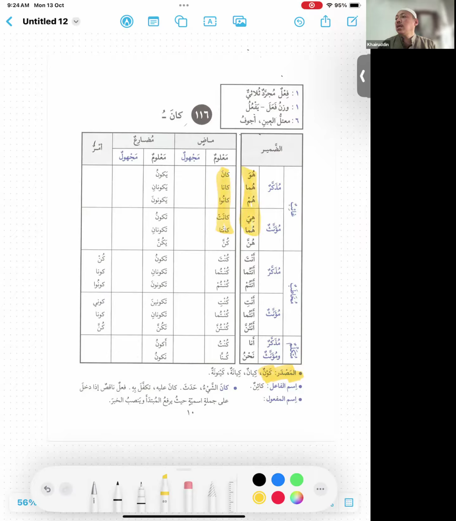Huwa, huma, hum, here, huma, it looks like the progression is quite intuitive. You can morph it out from kataba, katabu, so you would do kana, kanu. And then katabat, so you do kanat, and then katabata, kanata.